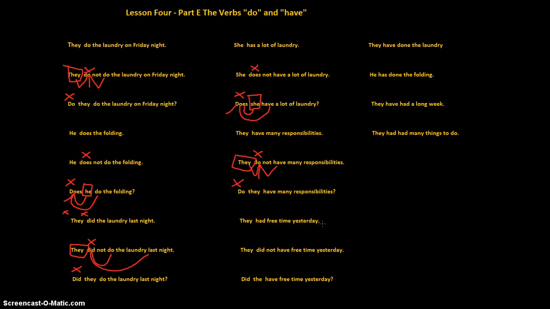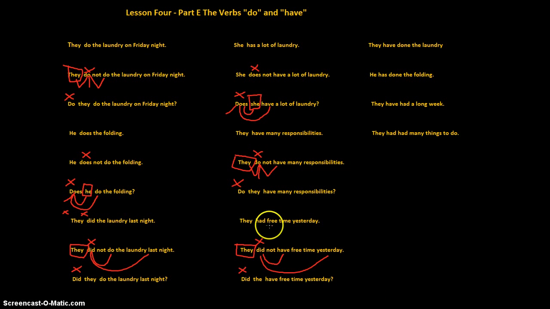They had free time last night. They did not have free time. Did they have free time? They is the subject. Did ties with have, the base form. Did ties with the past, yesterday.